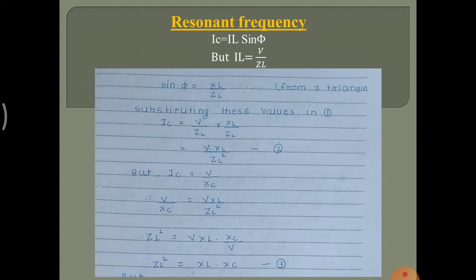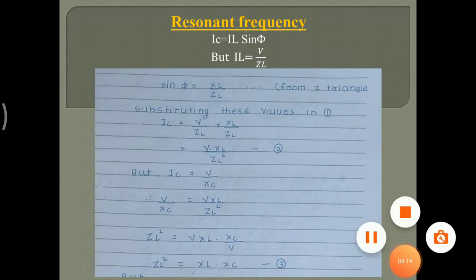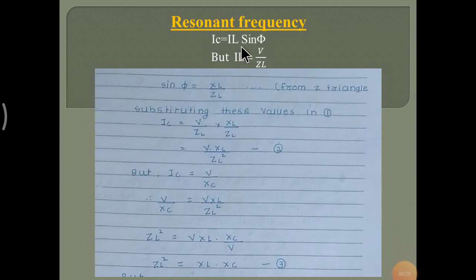Put this value of IL in this equation and the value of sin phi also, where sin phi is equal to XL upon ZL from the impedance triangle.